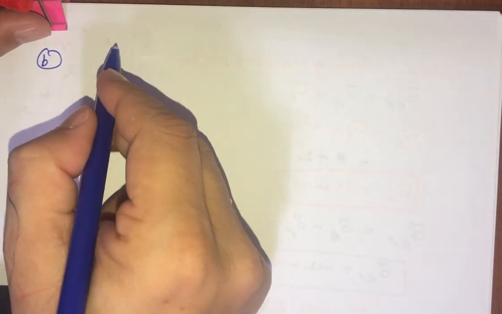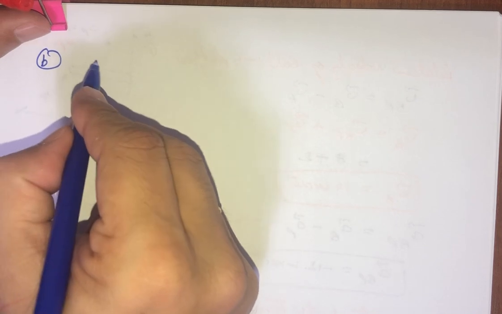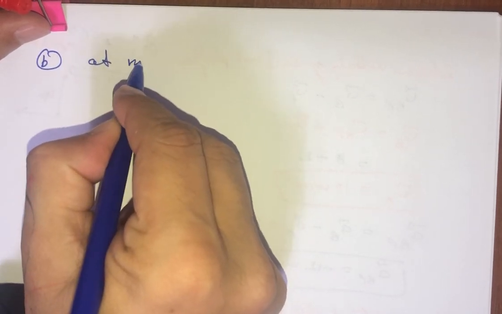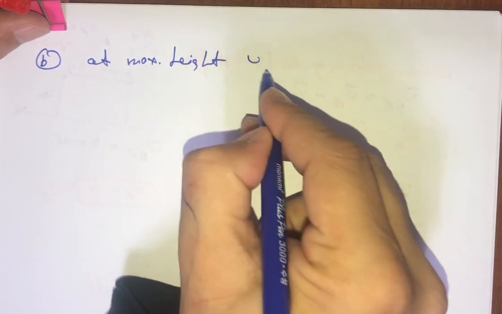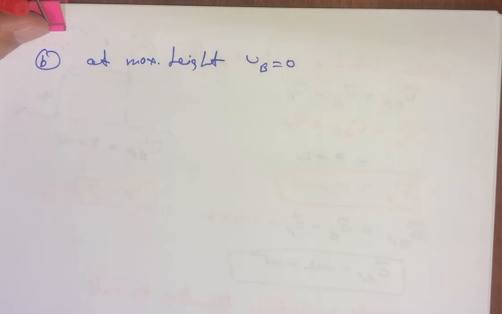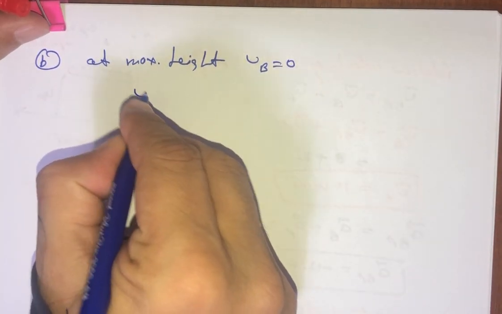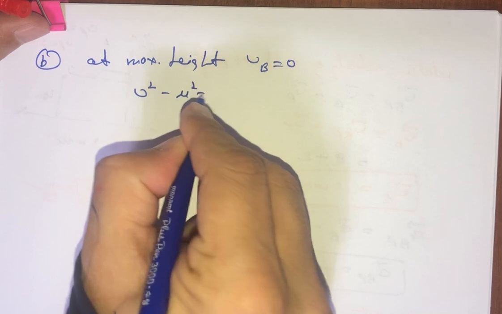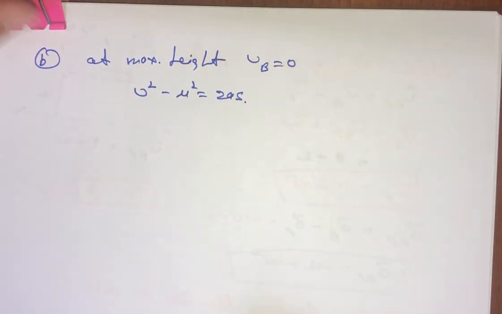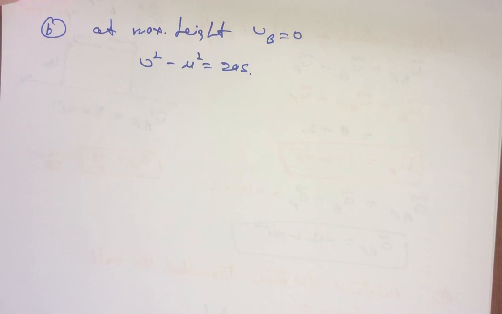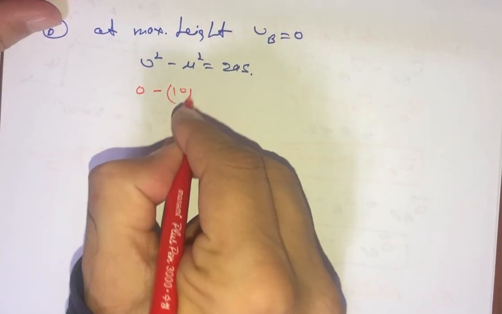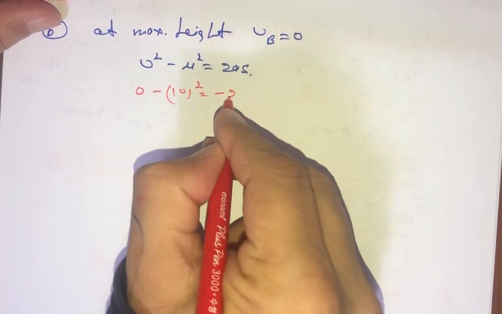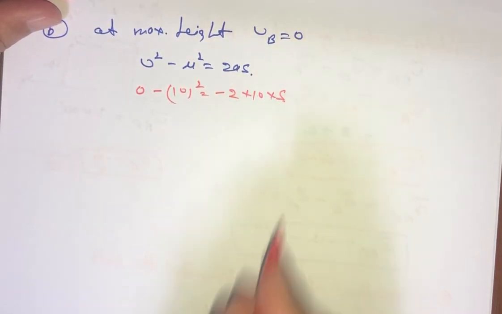Next, the B part. We already know that at maximum height, the final velocity of the ball will be equal to 0. So we are going to use the formula v square minus u square is equal to 2as. v square is 0, u we already found is 10, and a is minus 10, so 0 minus 100 equals 2 into minus 10 into s.